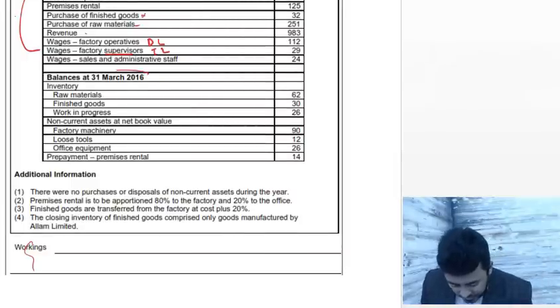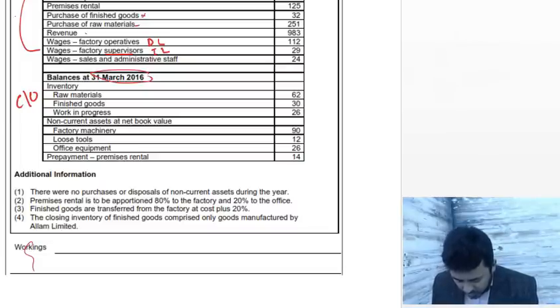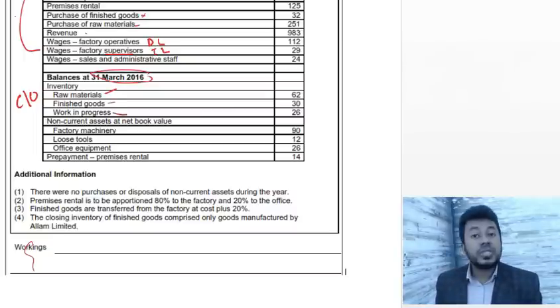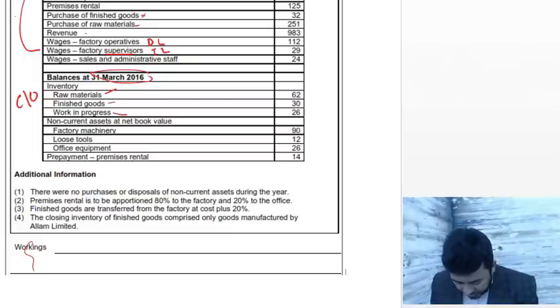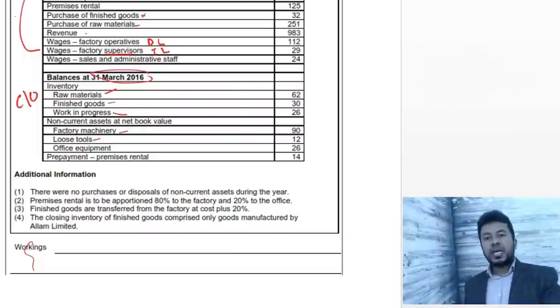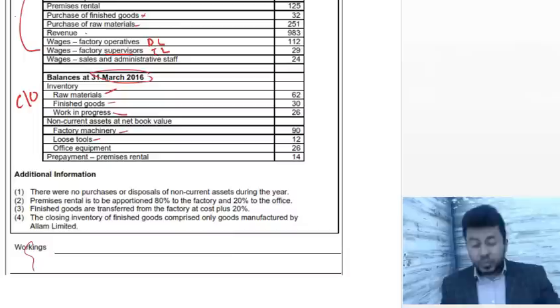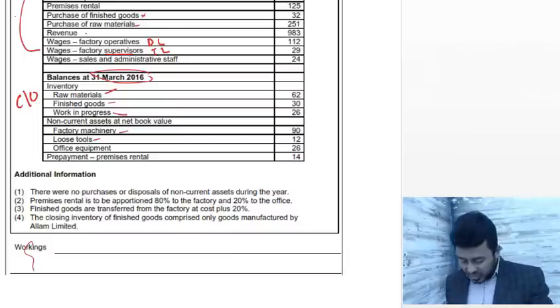Balances at 31st March 2016. These are closing information. Okay, raw material inventory, finished goods, work in progress. All right, the raw materials and work in progress are going to be taken into account, and the finished goods goes into the income statement. Non-current assets at net book value. Okay, factory machine, loose tools. These two go into the manufacturing account because we use these items to produce the goods.